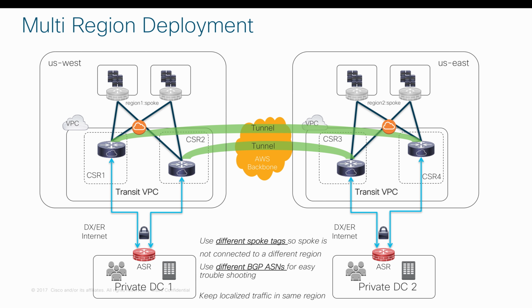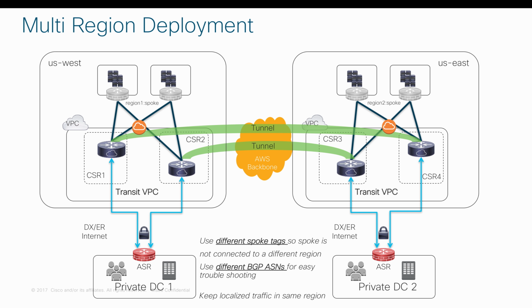Multi-region deploy. The Transit VPC itself supports multi-region, which means if you have a spoke in a different region, it can connect back to a Transit VPC. But if you're running a lot of VPCs in a different region, you probably don't want them to talk to each other and traverse the other region, right? So it's a suboptimal path.